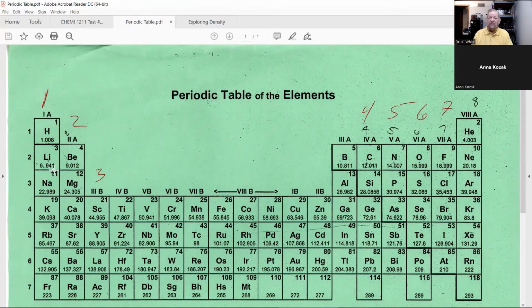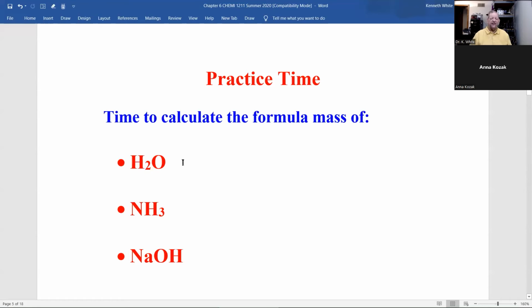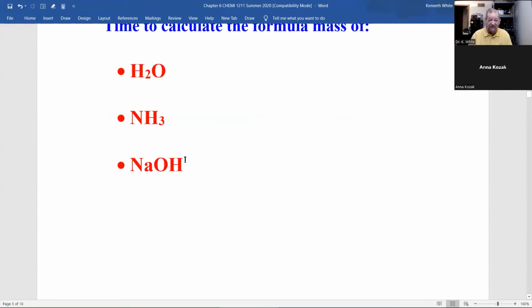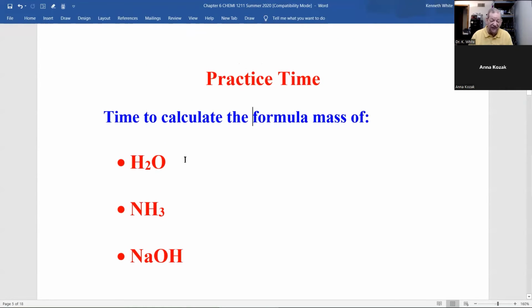And the new thing that will be in quiz 3, 4, 5, 6, and test 1 and 2 will say, please use 3 significant figures for all atomic masses. In case you're wondering, lithium at 6.941, the 3 significant figures would be 6.94. And you'll see when you look at the practice problems for this chapter, I have you practicing finding the molecular weight.